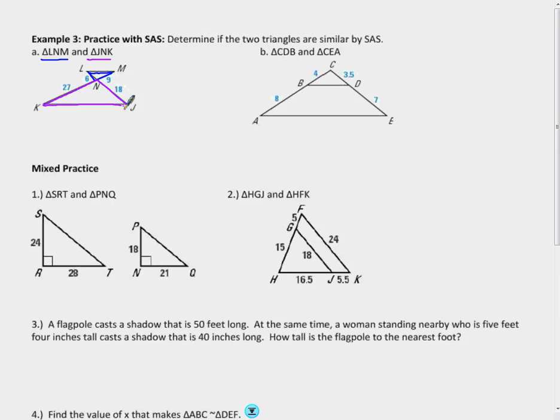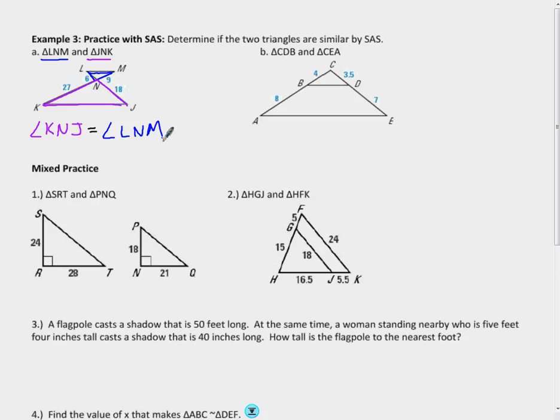Which two angles are congruent? K and J are congruent to angles L and M. What's the relationship that those two angles have with each other? They are vertical angles. So since those angles are vertical, I know they have to be congruent to each other.